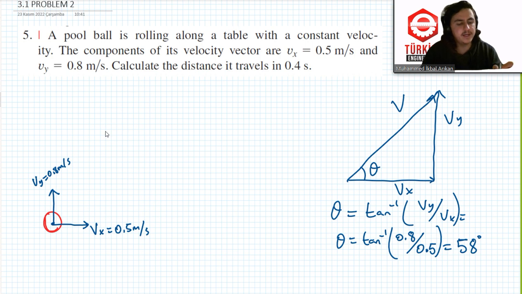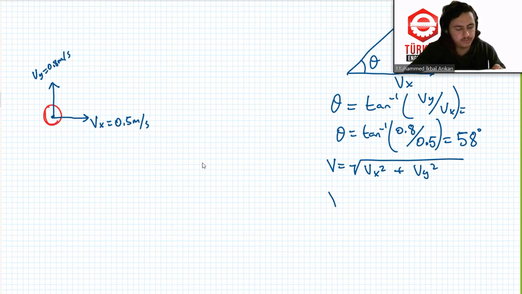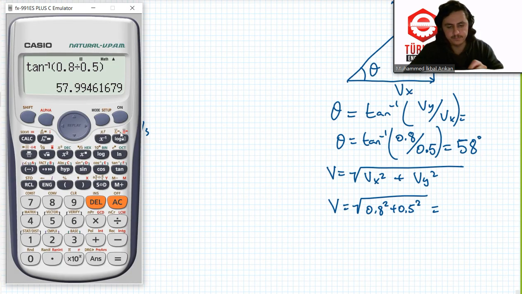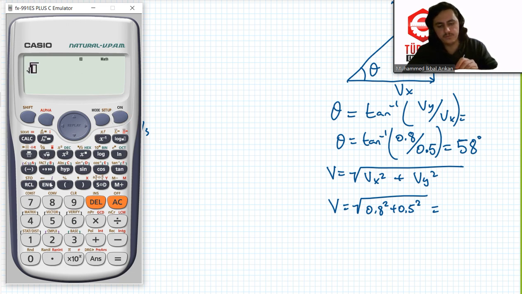What about the magnitude of V? As you know, it will be the square root of Vx squared plus Vy squared. So V will be equal to the square root of 0.8 squared plus 0.5 squared.